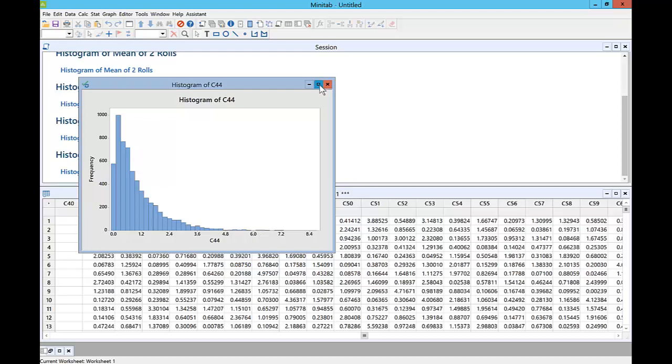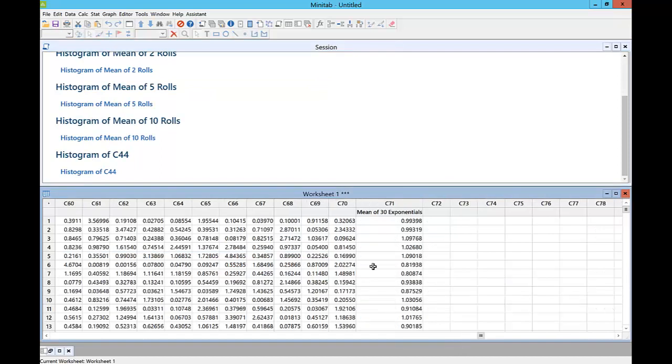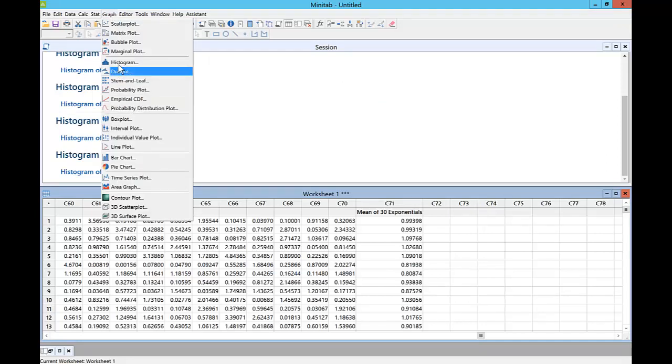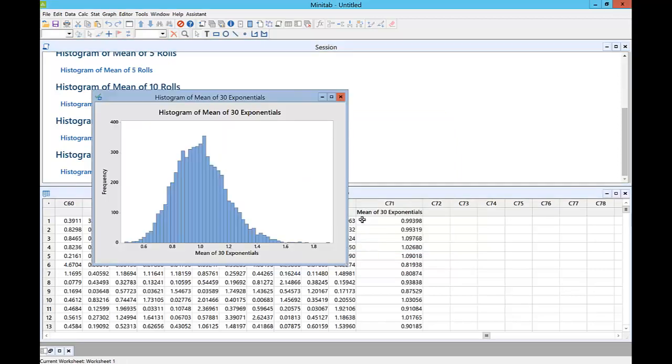So we've got 30 columns of this, and what's going to happen when we take the average or the mean of these things? Well, let's come over here and look at the graph. Here's our distribution for the average of 30 exponential draws.